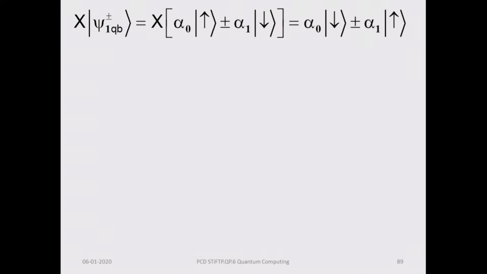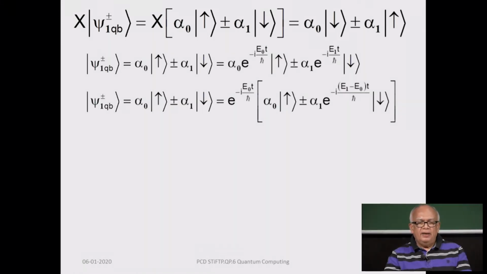This is the spin flip gate, as we know. We have discussed this in the previous class. And I have now extracted the time dependence of the stationary state, which is e to the minus iEt over h cross, or minus i omega t. So that is the dynamic phase.